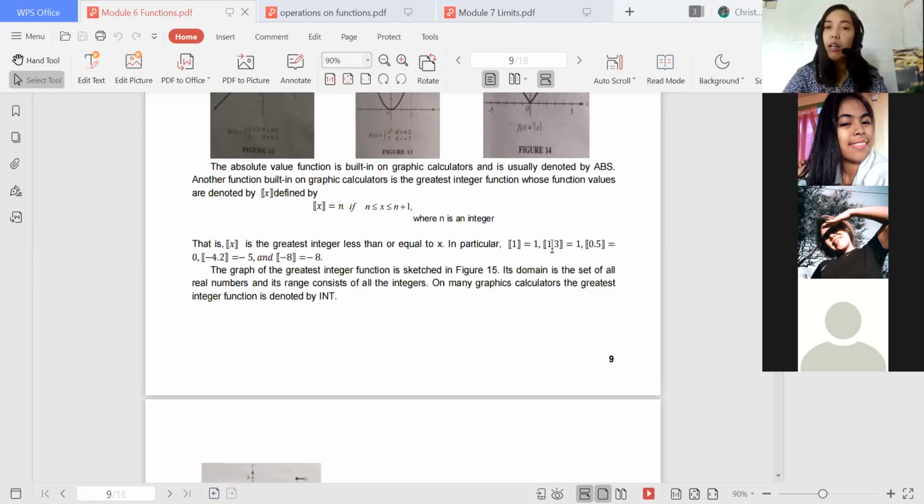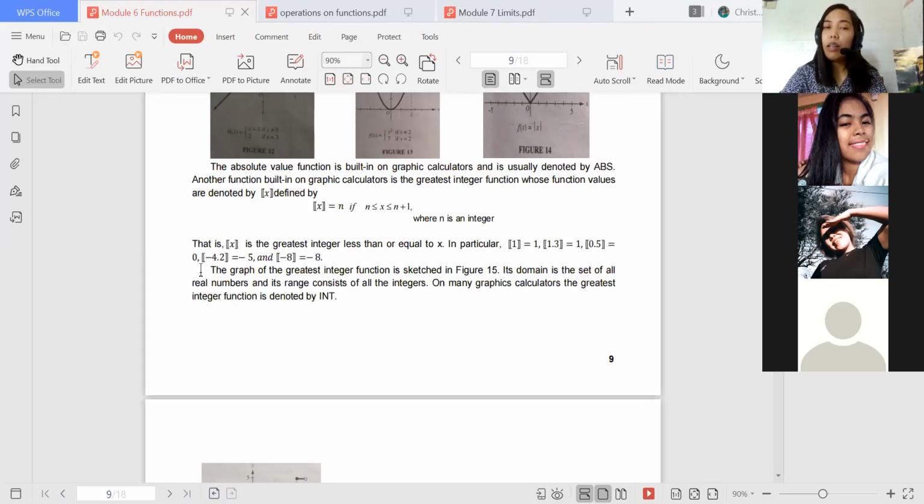Hindi tayo mag-round up. So, ang pinakamalapit na integer kay 1.3 ay 1. And the greatest integer of 0.5 is 0. 0 is also an integer. Hindi mo i-round up to 1, kasi sabi, the definition for greatest integer, it's less than or equal to the given.